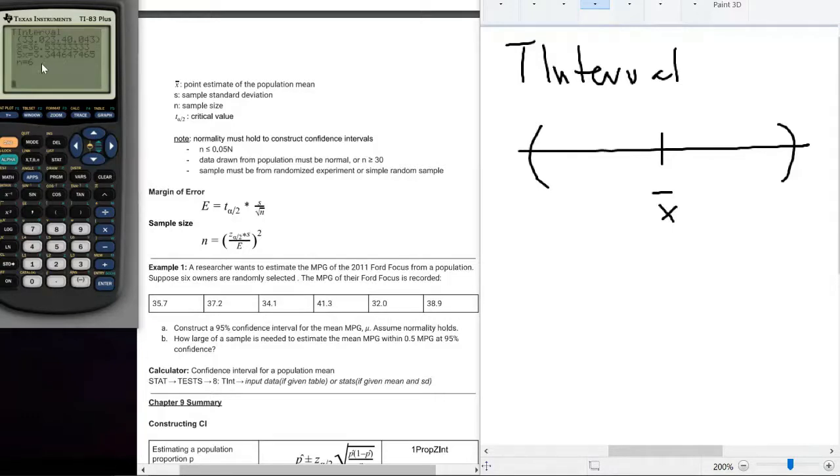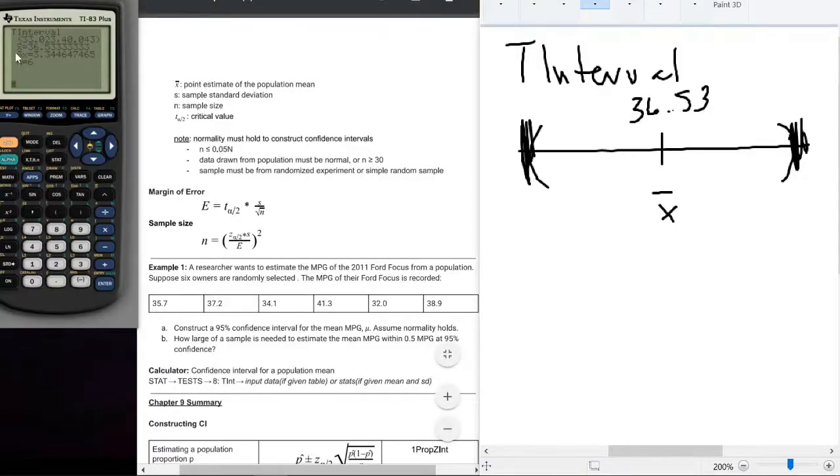So some things to consider. This data has an X bar or sample mean of 36.53. Based off of that sample, we're creating a 95% confidence interval. This value here, that's going to be the confidence interval bounds. And in the first line of the t-interval, that's your confidence interval.